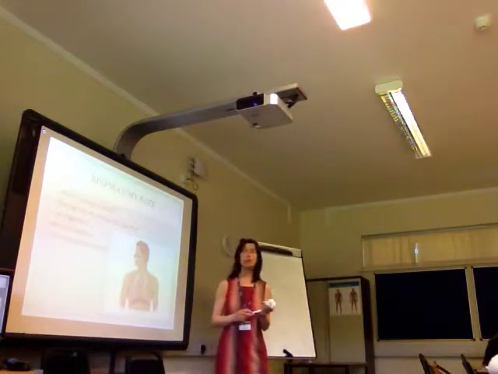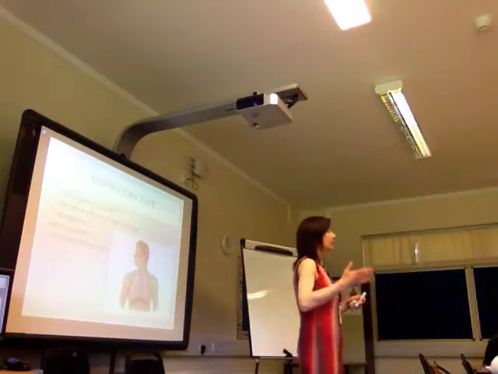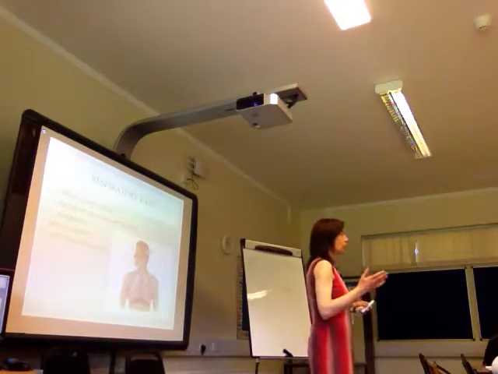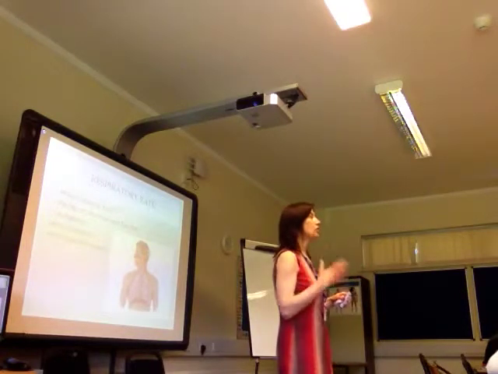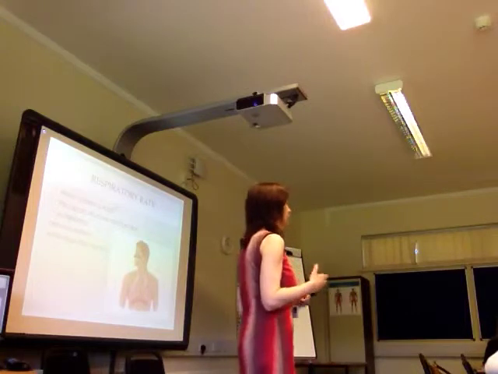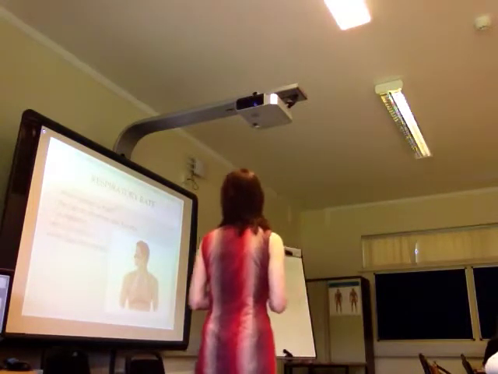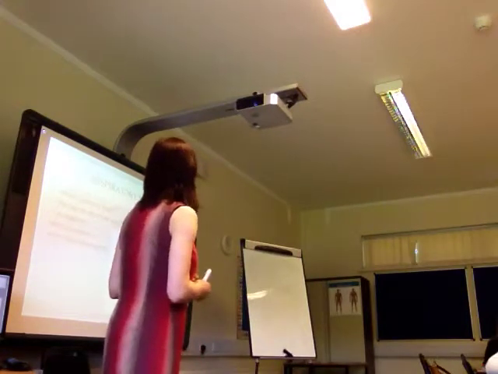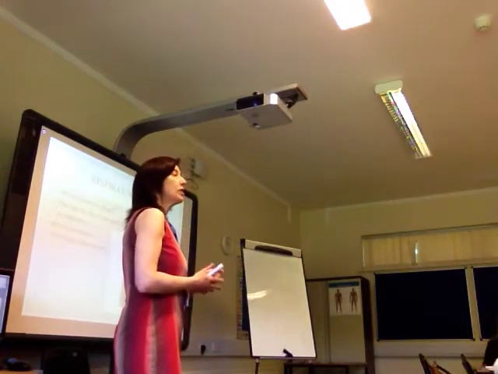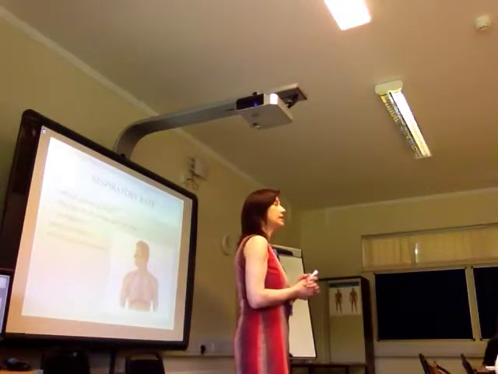So it's linked to the autonomic nervous system, which means that your breathing takes place without you knowing about it. You don't have to consciously think about it, in, out, whether you're asleep or awake, your autonomic nervous system controls that. If it's to do with your autonomic nervous system, which bit of your brain is it most closely linked to?